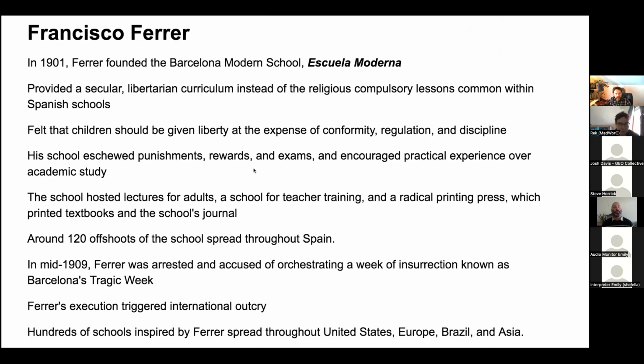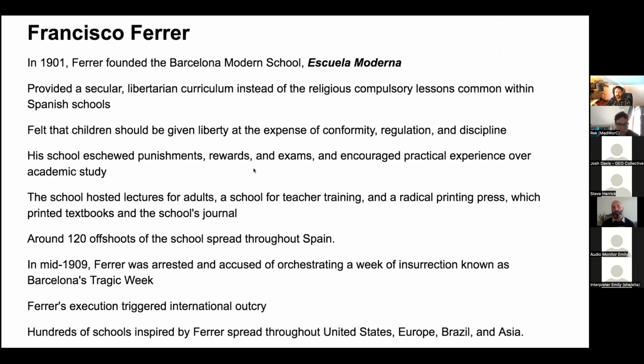And in 1901, Ferrer founded the Barcelona Modern School, which provided a secular libertarian curriculum instead of the religious compulsory lessons that were common in Spanish schools. He felt that children should be given liberty at the expense of conformity, regulation, and discipline.